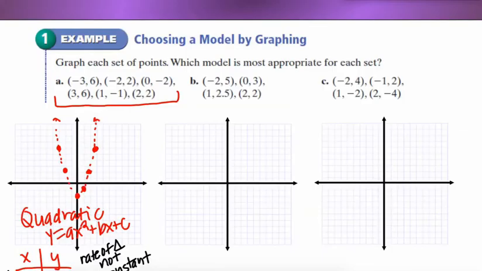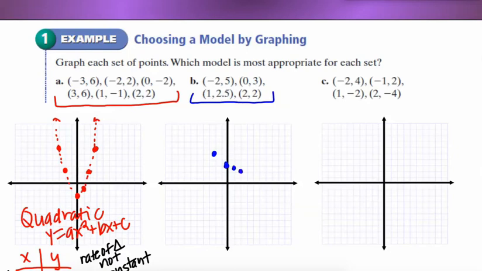Our next graph, we're going to plot these points right here in the middle: negative 2, 5, 1, 2, 3, 4, 5, 0, 3, 1, 2, 3, 1, 2.5, and then 2, 2.